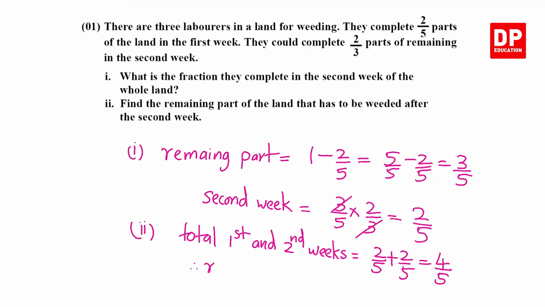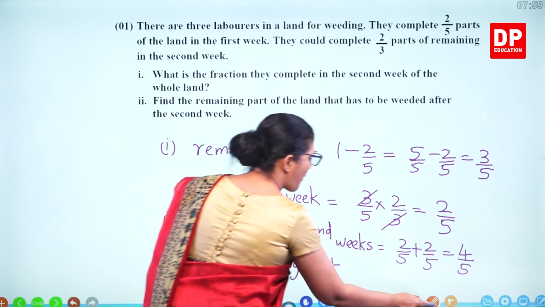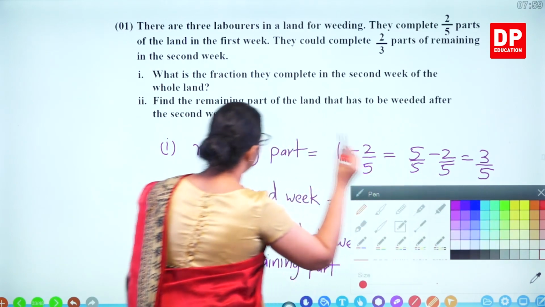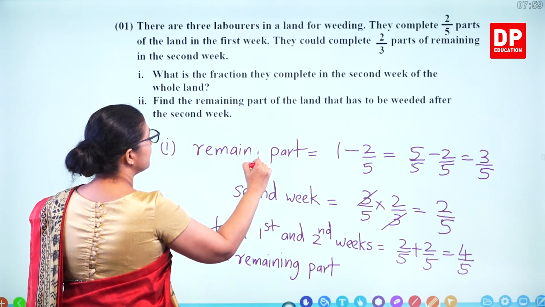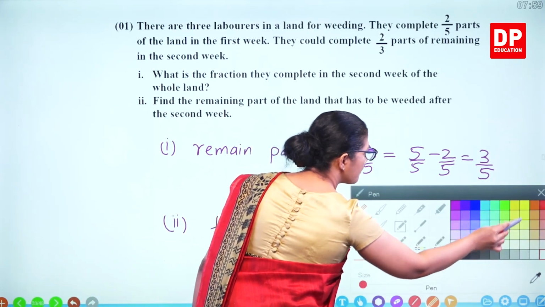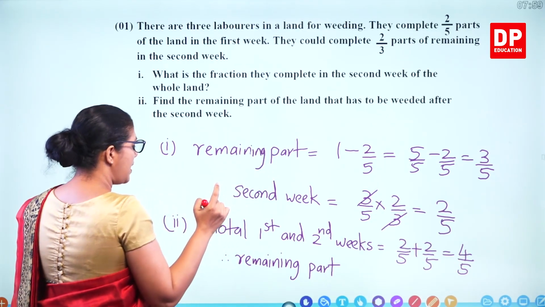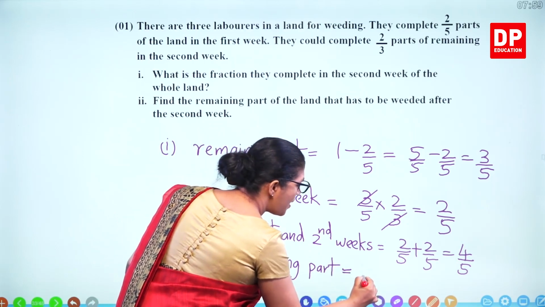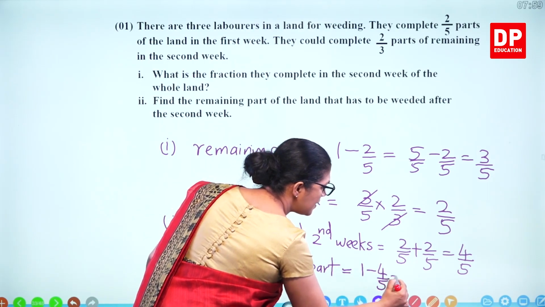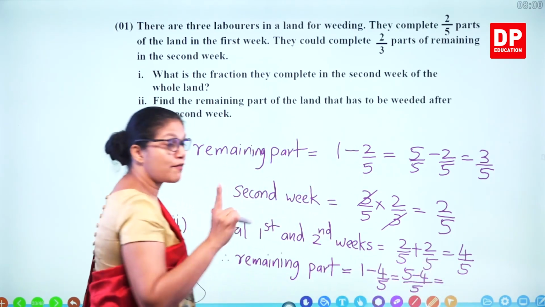So the remaining part is 1 minus 4/5. That means 5/5 minus 4/5, because 1 I can write as 5/5.